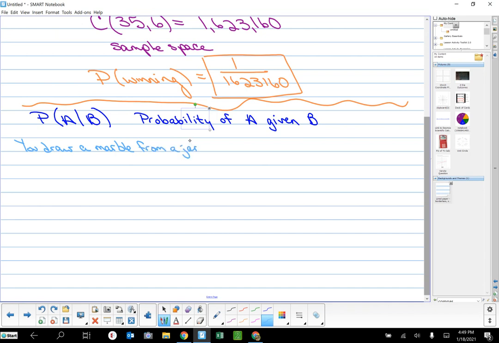And that jar contains 6 red marbles, 8 green marbles, and 12 blue marbles.